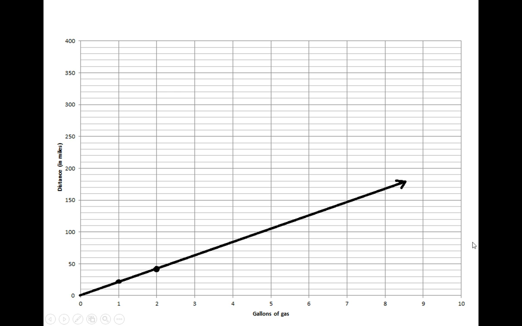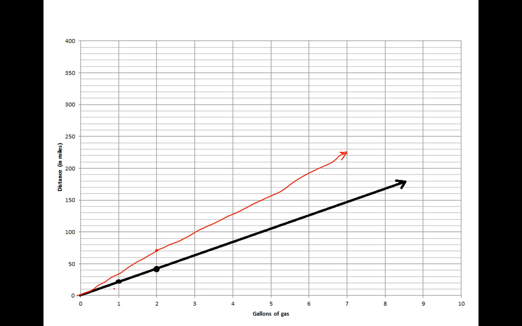If we were to draw those additional ones, we would see the Focus went 36 miles on the first gallon. On the second gallon, it had already gone 72. So our line would start here, and I can't draw it really straight on this tablet, but keep going, something like this.